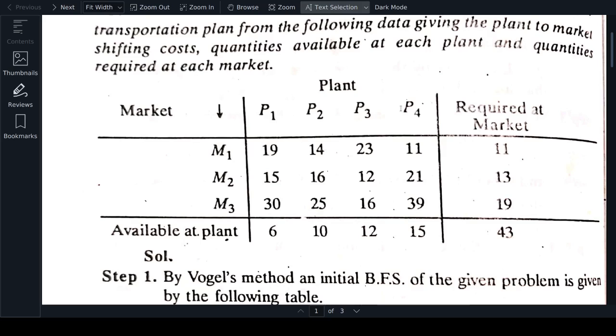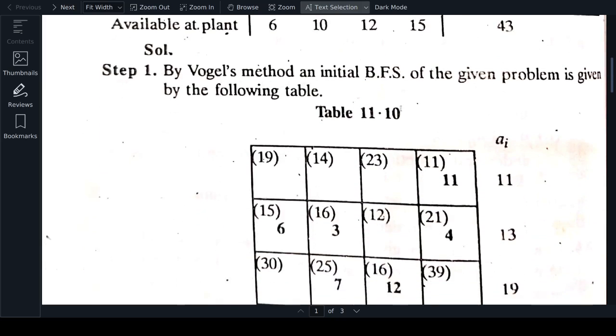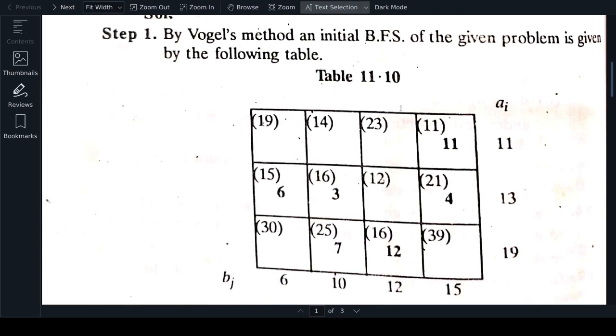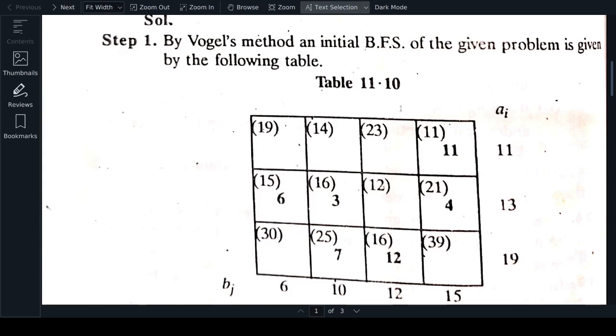This is called the optimality test, and here we use the MODI method. First, you see the question is given; check whether this transportation problem is balanced or unbalanced.